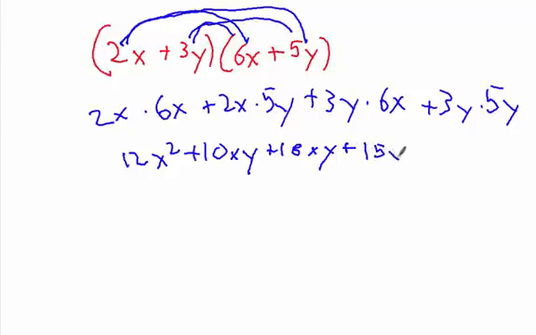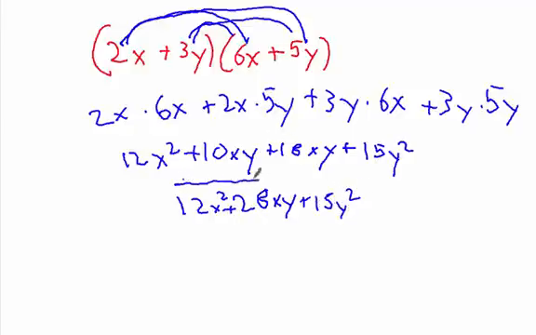And y times y is y squared. Look through here. Do I have any like terms? Yes, I do. 10xy and 18xy gives me 28xy. Bring down my 12x squared. Bring down my 15y squared. I've combined all my like terms. I've done all the simplifying I can do. I am finished.